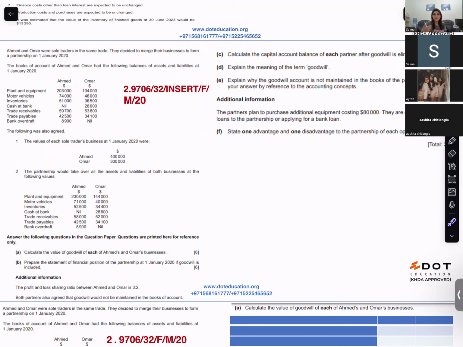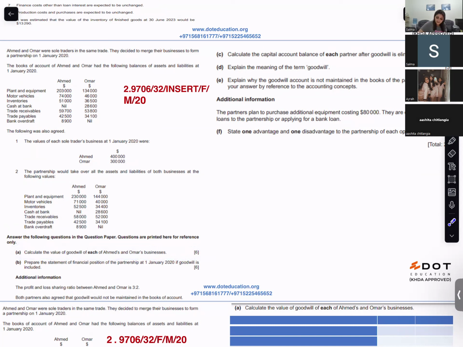When you read what they want from us, you try to read the question in a way which gives you the answer to that question. So can you read what they are expecting from us? Calculate the value of goodwill of each of Ahmed's and Omar's businesses. Okay, so they want the value of the goodwill of Ahmad's and Omar's business.